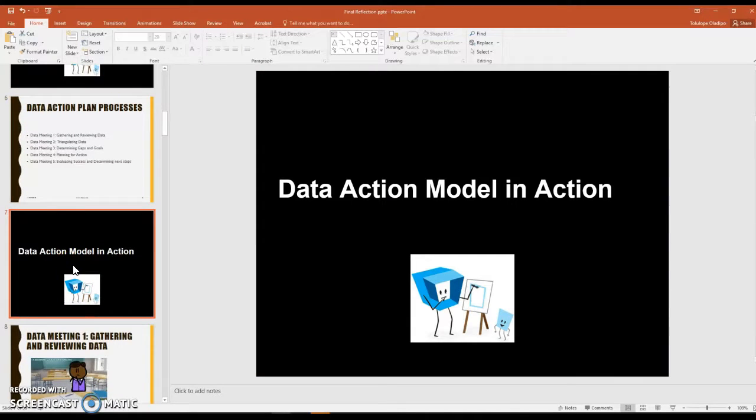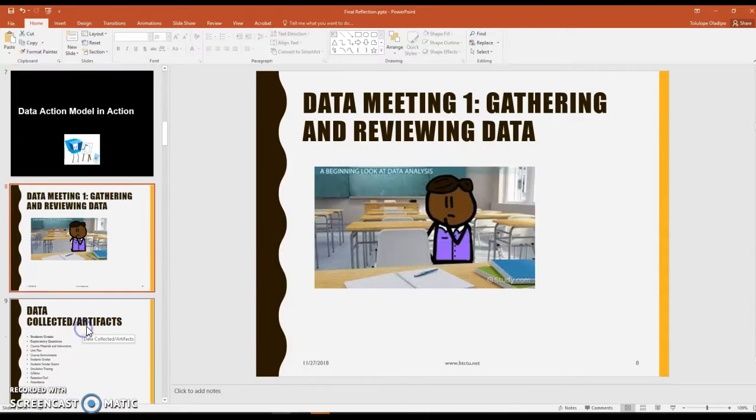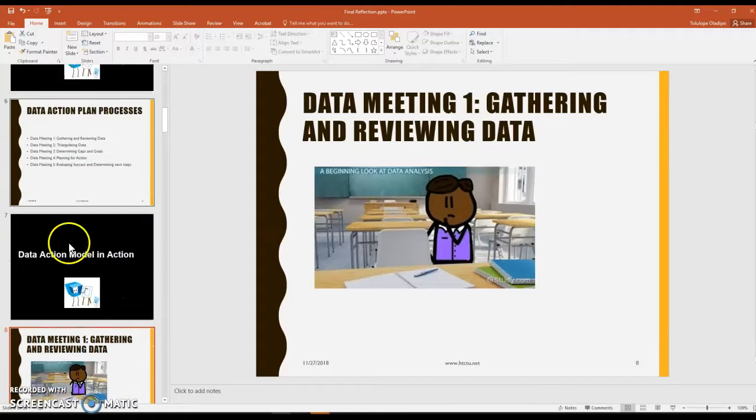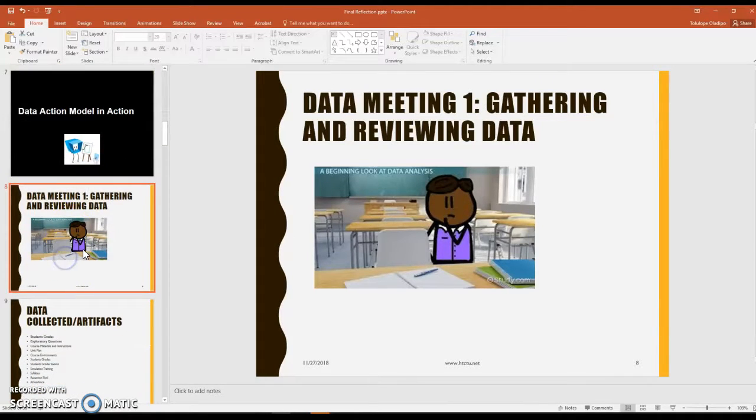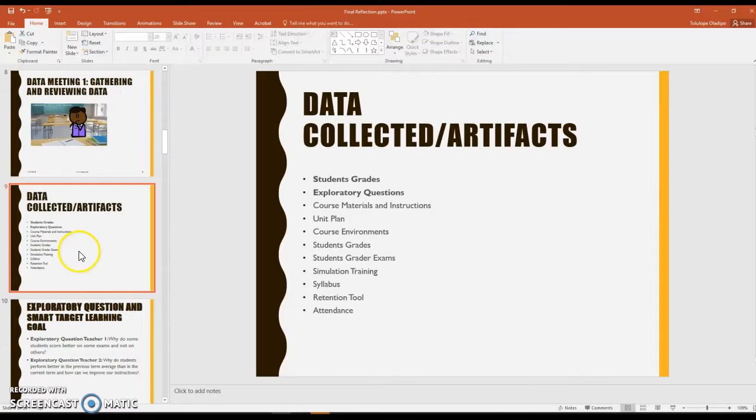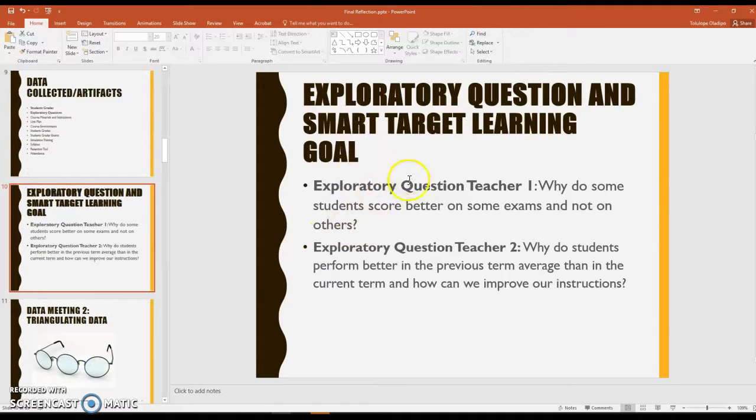For the data action model in action, I already told you what each of the meetings entails, but briefly, for meeting 1, my team gathered data. During our meeting 1 we collected artifacts, we looked at student grades, we came up with exploratory questions, and we reviewed some additional data. We decided what each of us was going to bring, and here come the exploratory questions we decided.